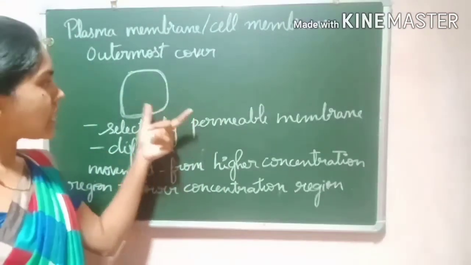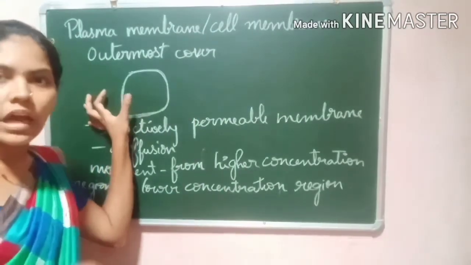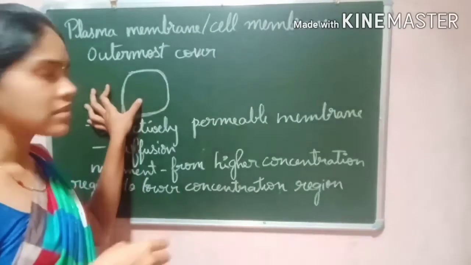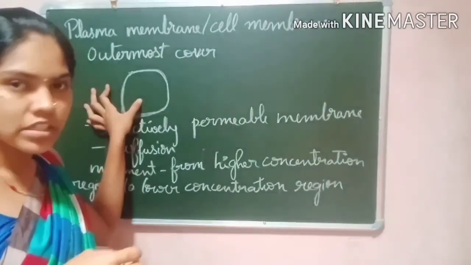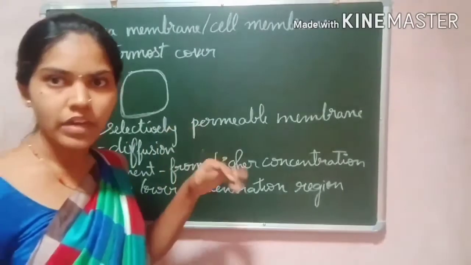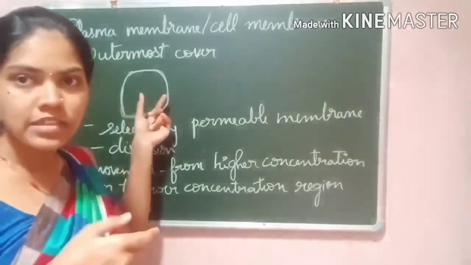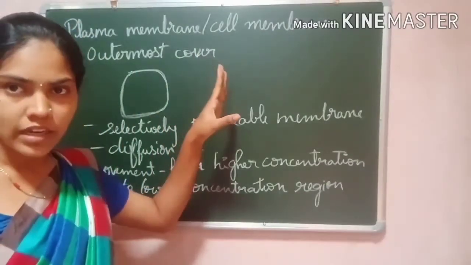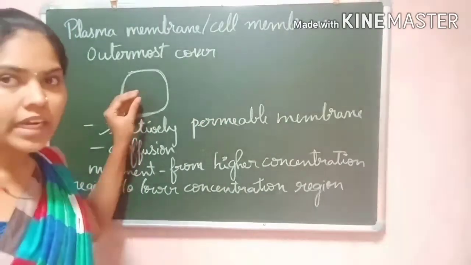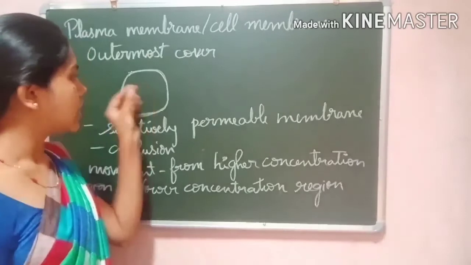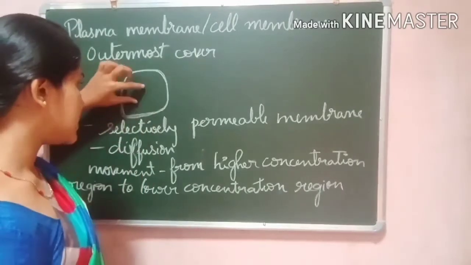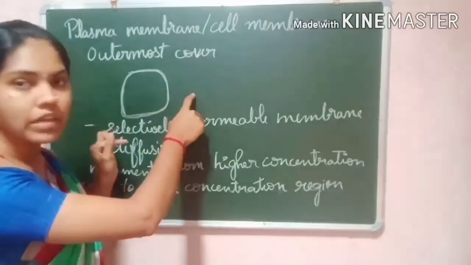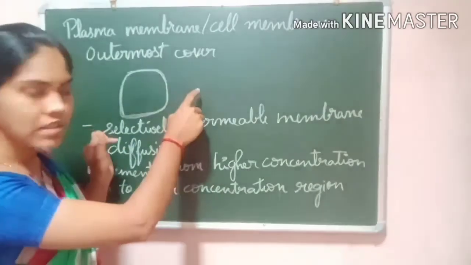Similar things happen inside the cell. Whenever the cell is required to excrete gaseous cellular waste, that is carbon dioxide, from the cell to the outside, it creates a situation where a high concentration of carbon dioxide accumulates inside the cell, while the concentration of carbon dioxide on the outer side is less.